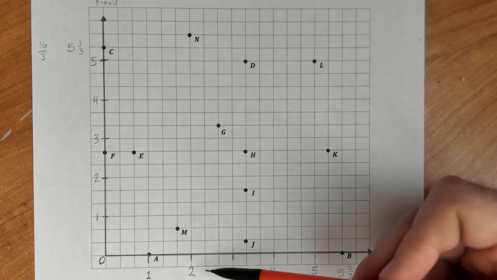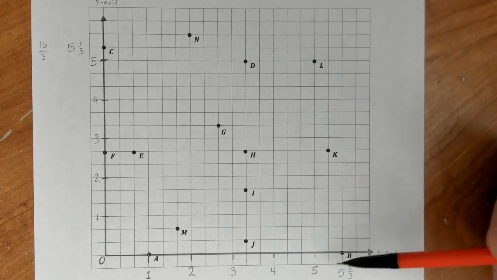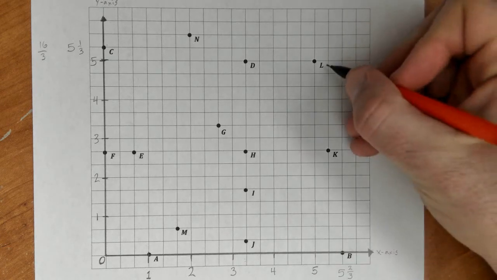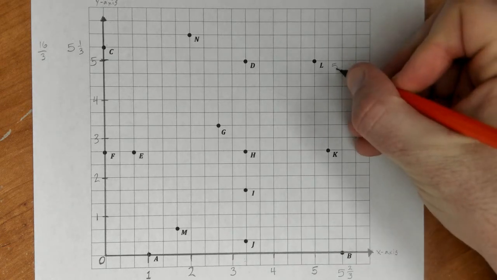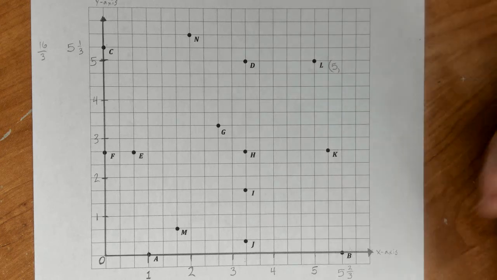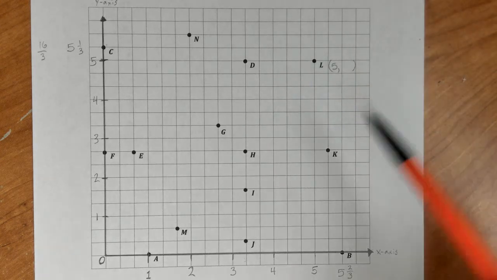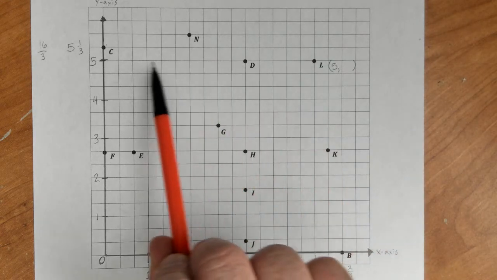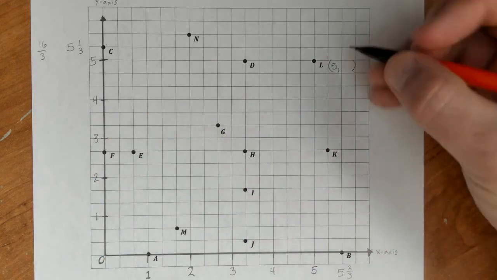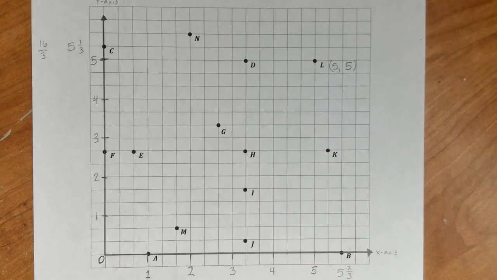Okay. But this does line up very nicely with the 5. So L is 5, comma, something. That's our x. We need to find our y coordinate. Just trace over and see where it stops. 5, how convenient. 5, 5.